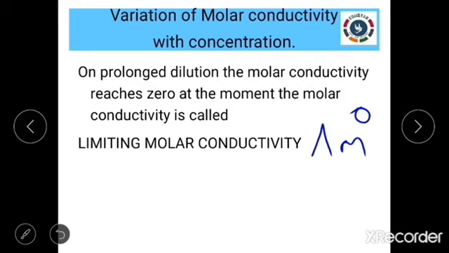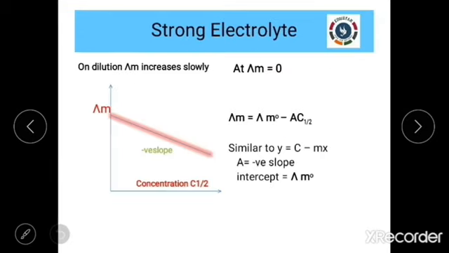So lambda m is the molar conductivity, and limiting molar conductivity is lambda m0, right? Now, there are two kinds of electrolyte, right? One is strong electrolyte and another one is weak electrolyte. We have to discuss both of these with respect to increasing dilution, right?